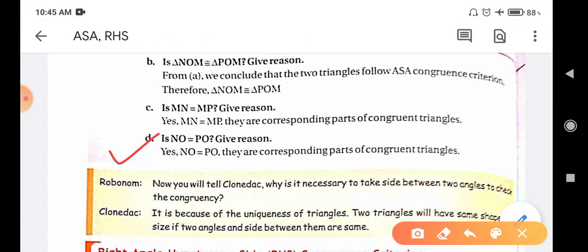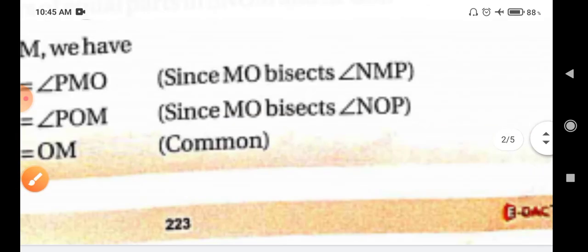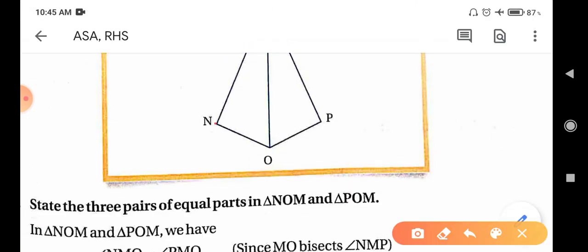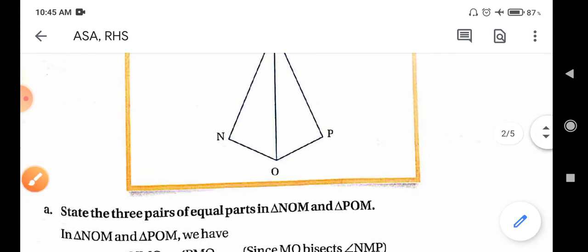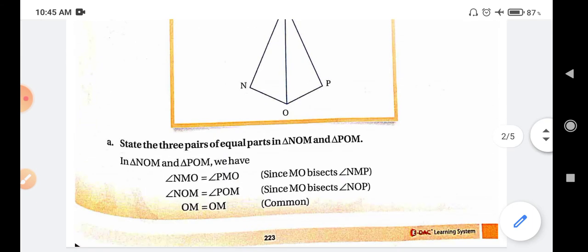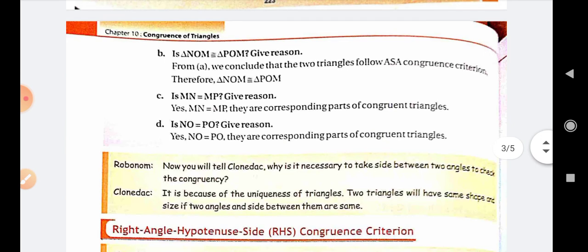Next is part D. Is NO equal to PO? Give reason. Yes, they are equal because these are also the corresponding parts of congruent triangles. So they are also equal.